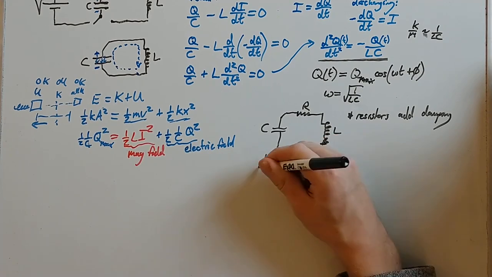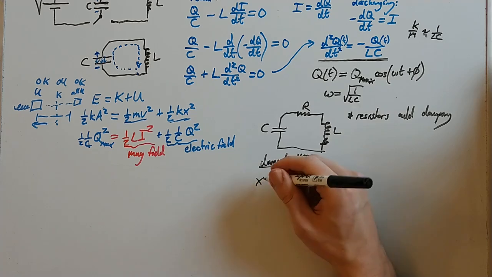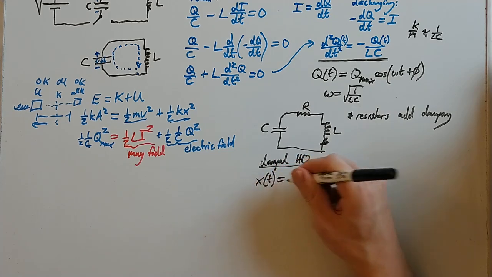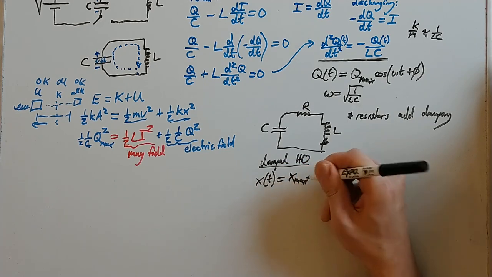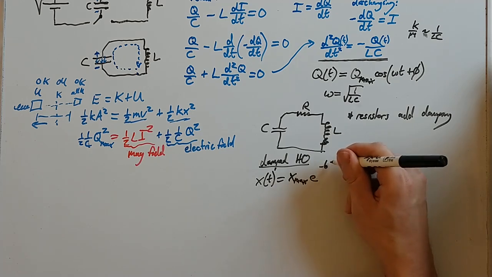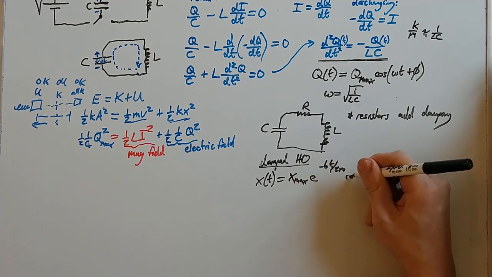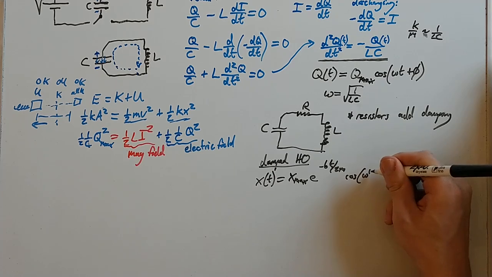What did a damped harmonic oscillator look like? The equation was x of t equals the amplitude, which I'll call x max, times e to the minus bt over 2m, times cosine of omega prime t plus phi.